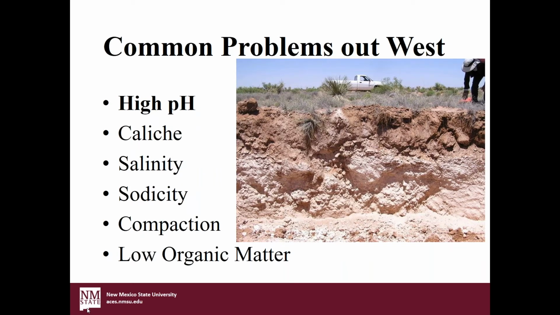We have what a lot of the locals call caliche, or your limestone type horizons that you can see in here, and that's going to dictate a lot of what our pH looks like. We also have to deal a little bit with salinity, as well as some sodicity and compaction, like a lot of other places, and of course low organic matter. With limited rainfall, what can you expect?